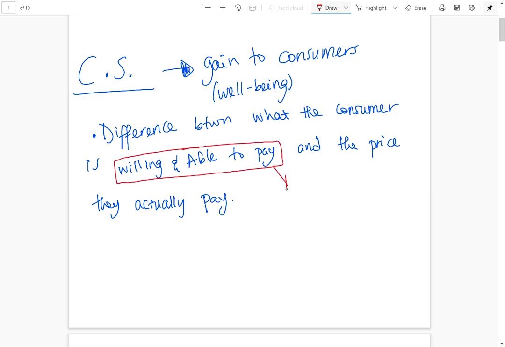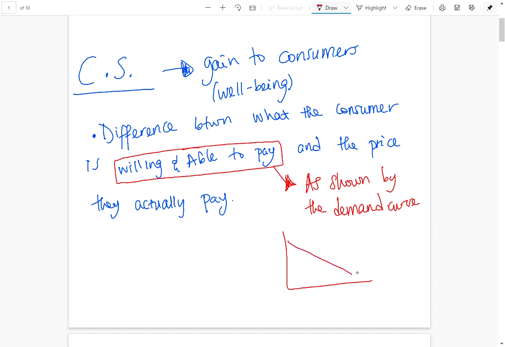Now, note here that we highlighted willing and able to pay. The demand curve shows this. So the demand curve shows us for every quantity, this is what the market is willing to pay, PQ, right? The consumers in the market are willing to pay.